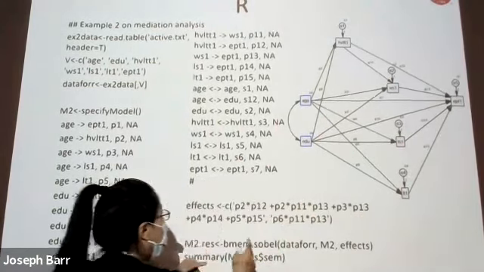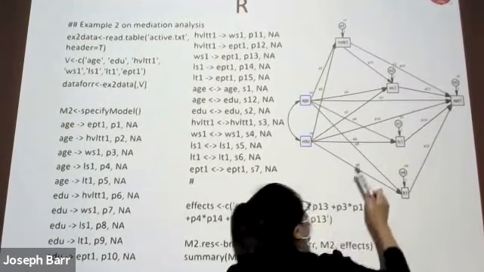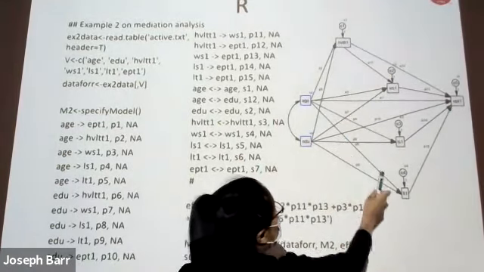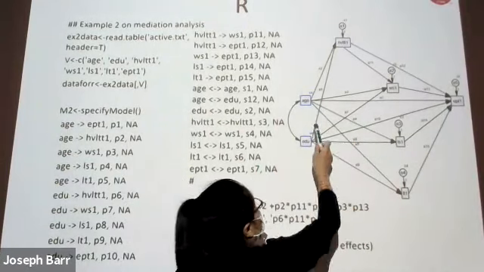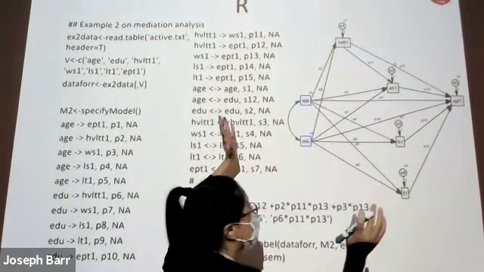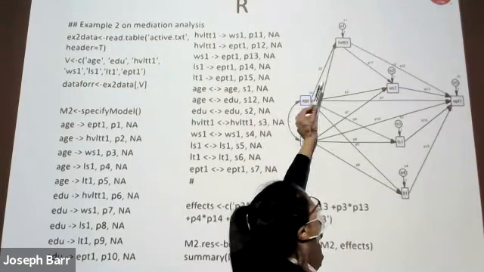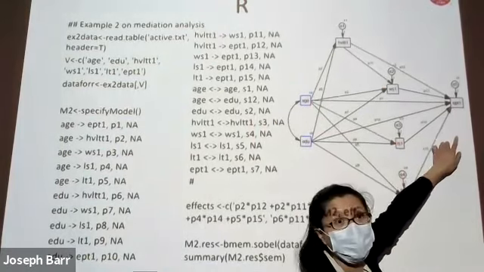And P3, P13. Okay, P3 here. This is this component. And the P4, P14. Okay, P4, P14. This component. And P5, okay, this component. You got the sum. This sum actually is the total mediation effect from H to EPT.